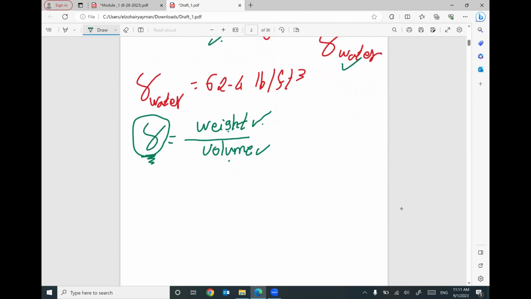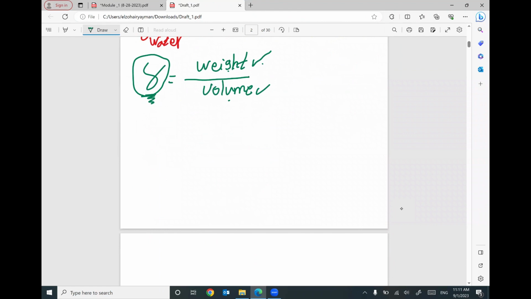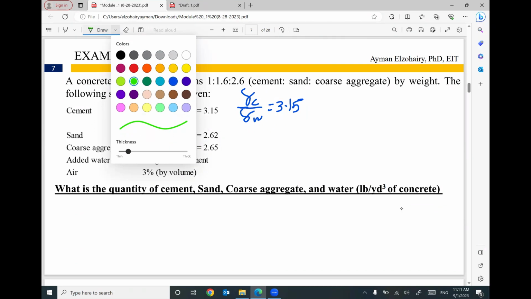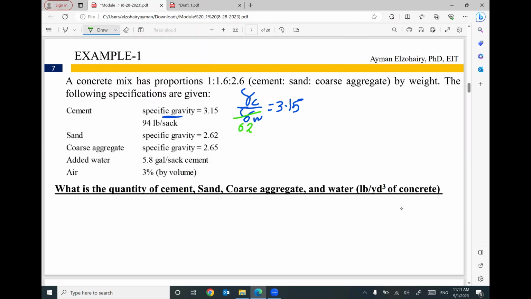Does that make sense? So right now, we are given specific gravity for cement. That means gamma cement divided by gamma water equals 3.15. I can remove gamma water and put 62.4.